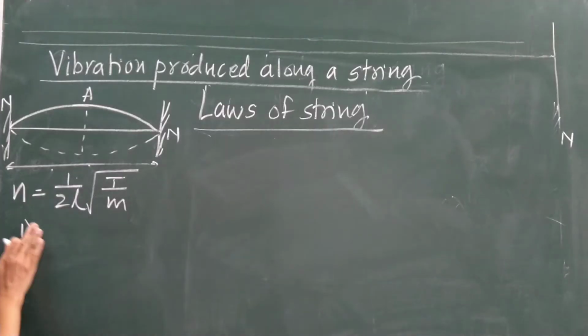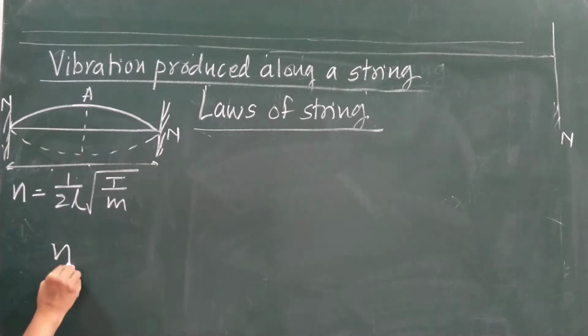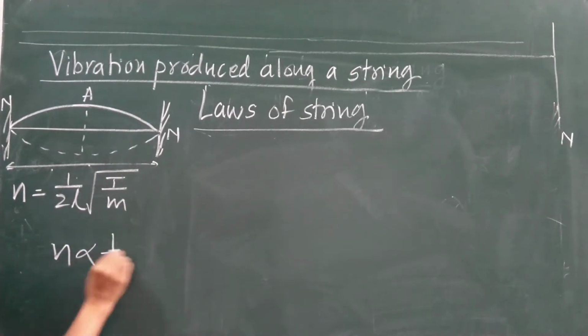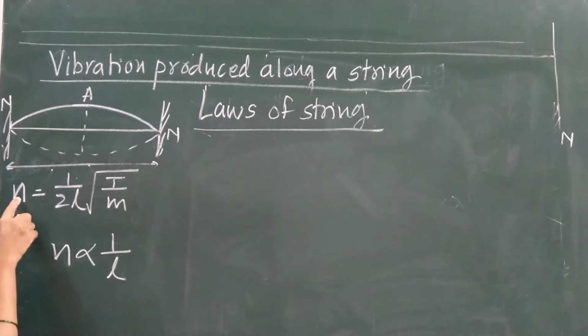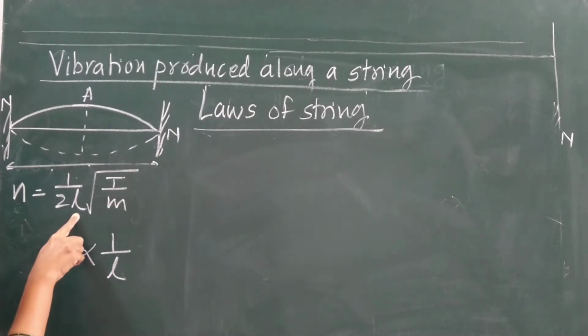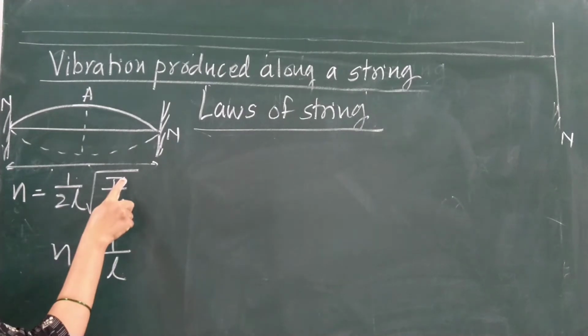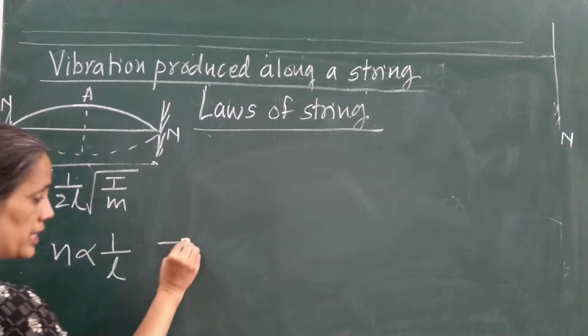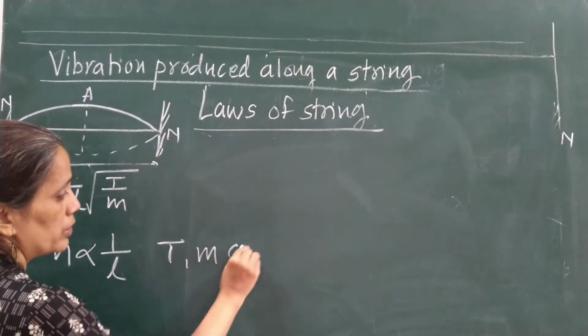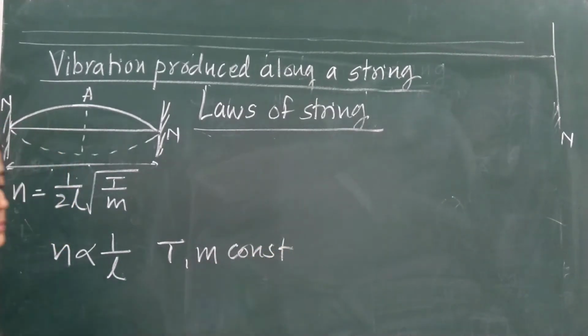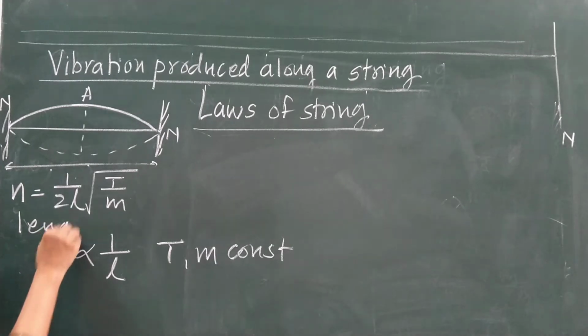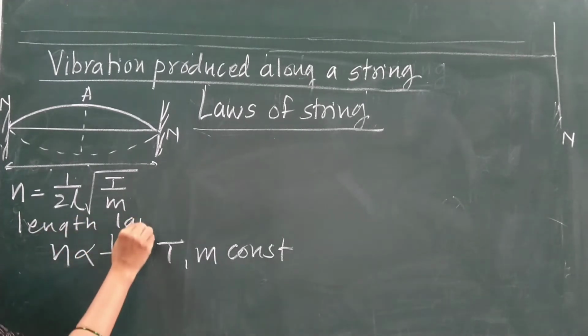What can I say is the first law here? Frequency n is inversely proportional to length. Means I have shown the dependence between frequency and vibrating length. I have not included T and m, so tension and mass per unit length are constant. This law is called the length law of vibrating string.